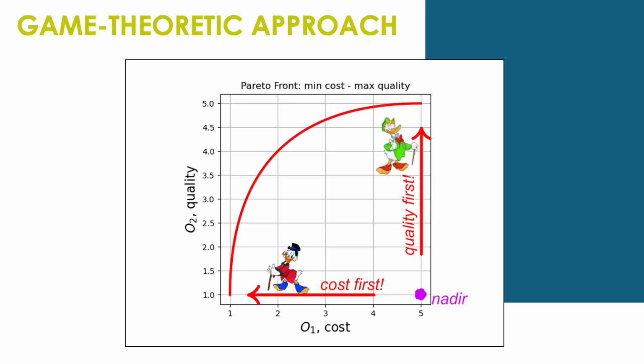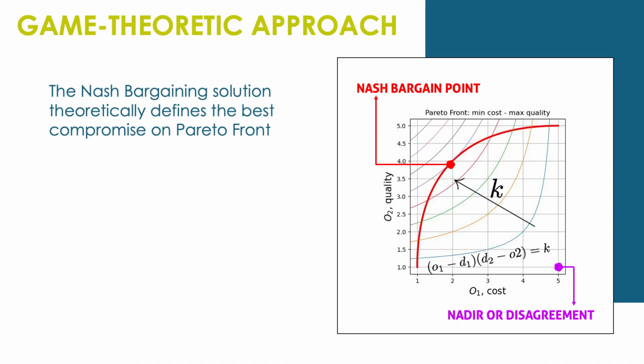So who is going to win if they have to go and have dinner together? They can play, obviously, each one wants the maximum, but they have a penalty. If they don't agree on some point, they will get to the nadir point, that is the lowest quality and highest cost restaurant. And neither player wants to get to the nadir point. So in this case, the Nash bargaining solution theoretically defines the best compromise on the Pareto front. That is what was defined by the scientist John Nash.